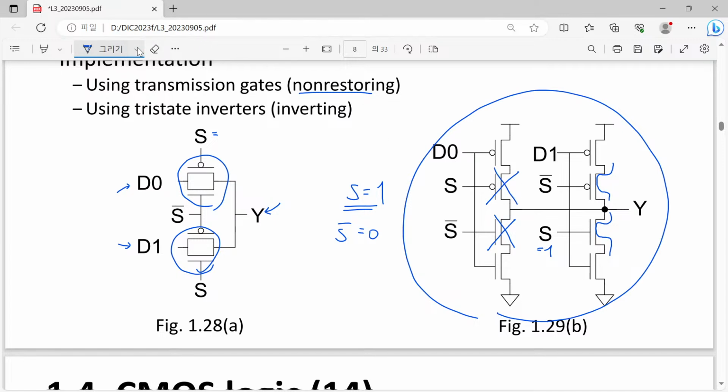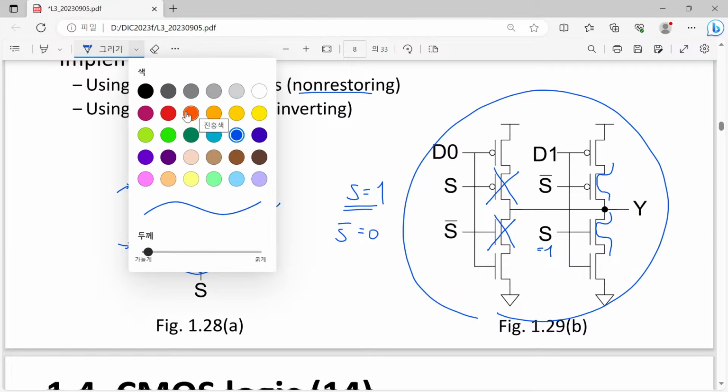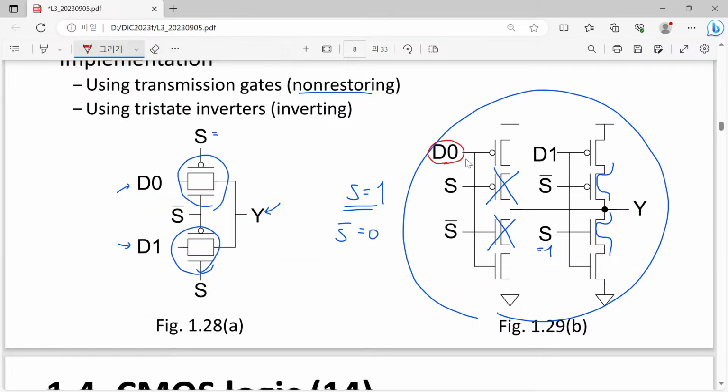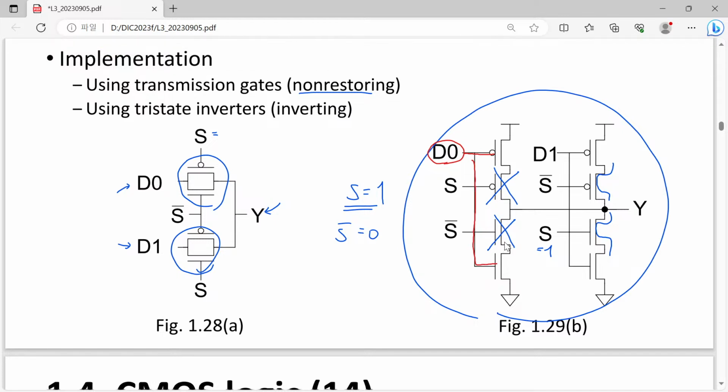So from the viewpoint of our D0 signal, it wants to go to the output Y, and it goes this way. However, now its path toward Y is disconnected. So D0 doesn't have an electric path toward Y. D0 is completely isolated from Y.